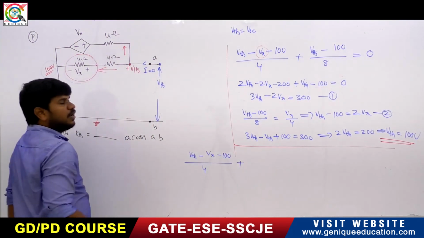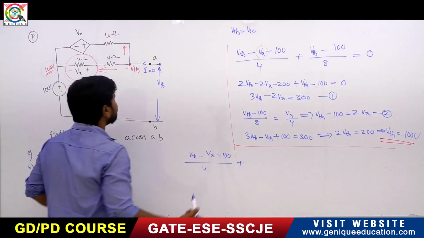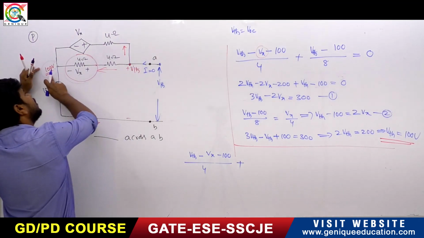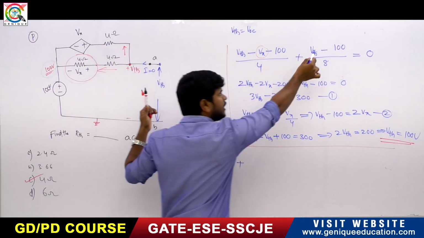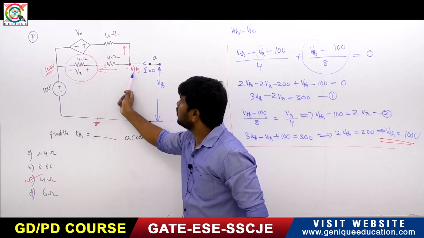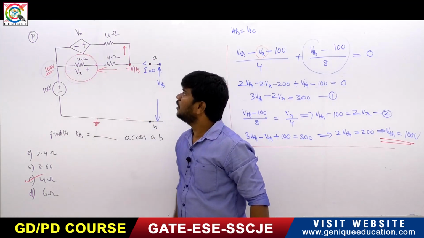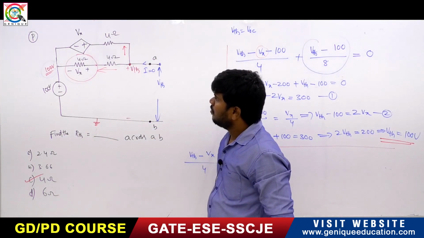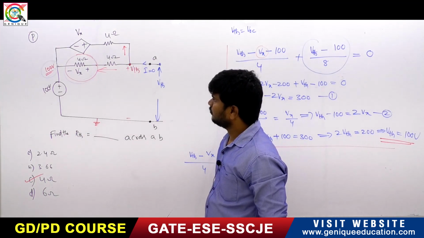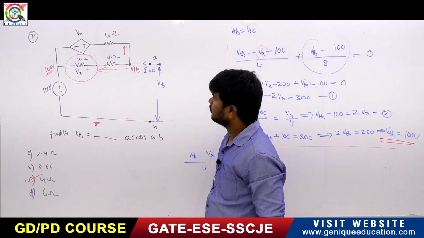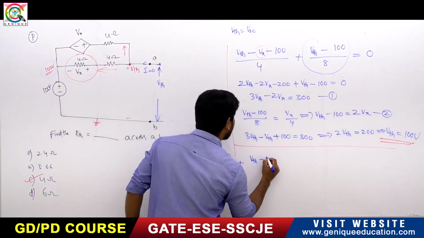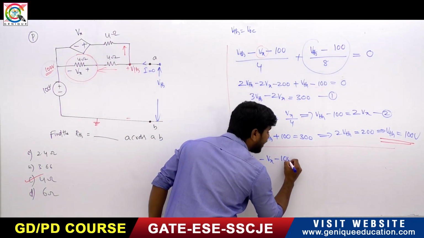Now what is this current? This current is equal to VTH minus 100 divided by 8. Already I used this. Or otherwise I can also use VTH minus Vx minus 100.